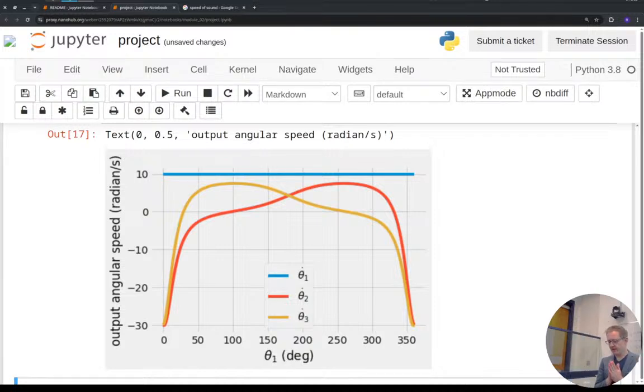So at one point, at its max speed, we have like 30 radians per second. How are we doing on a 1 meter long windshield wiper? How fast is that moving? 30 meters per second, yeah.